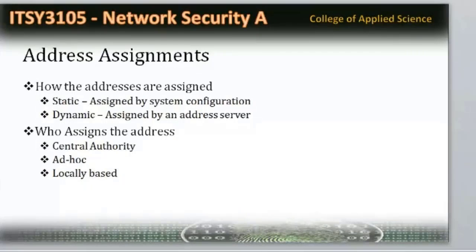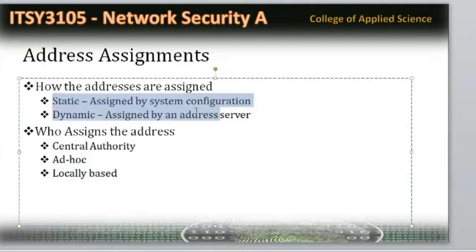You go to the machine, go to the settings and change the IP address. We will see this in the lab part. You can statically fix an IP address. For example, on a machine I enter the IP address 10.0.0.1, the subnet mask, then the default gateway. All these things I can enter manually. That is the static configuration or static method.